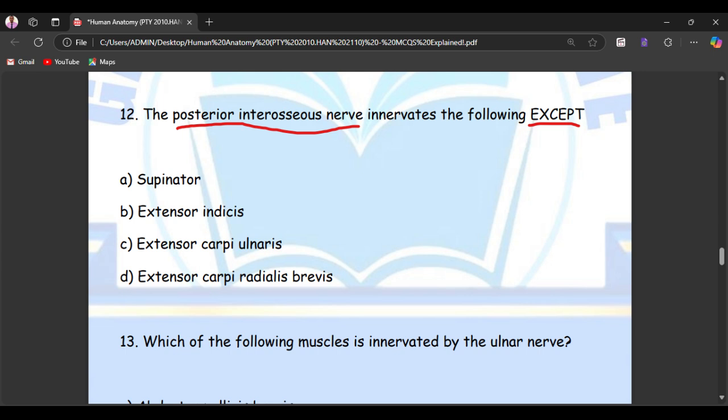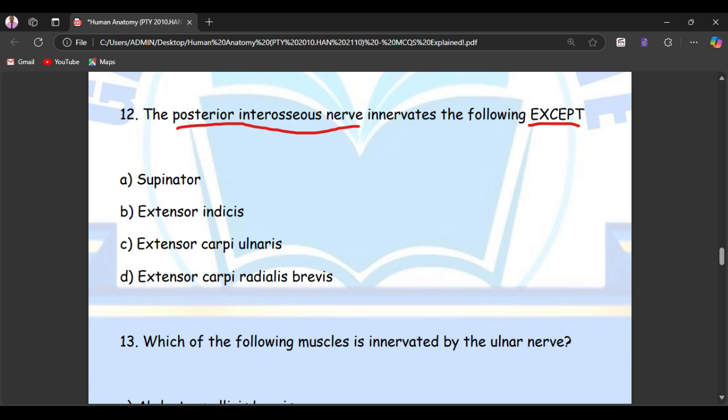On the options that have been given, there are a lot of muscles innervated by the posterior interosseous nerve, and even the supinator is part of those muscles. The extensor indicis is part of those muscles. Extensor carpi ulnaris is part of those muscles.